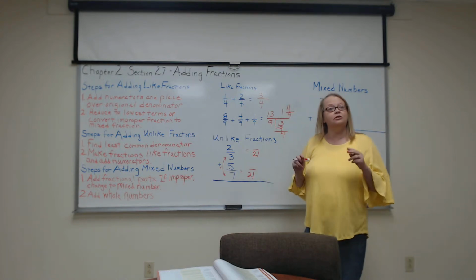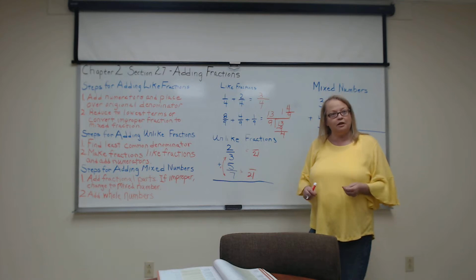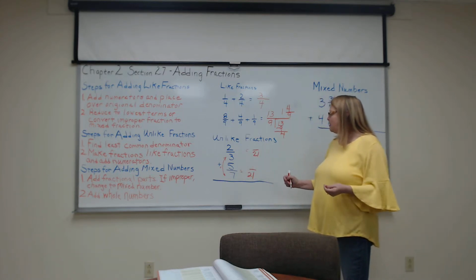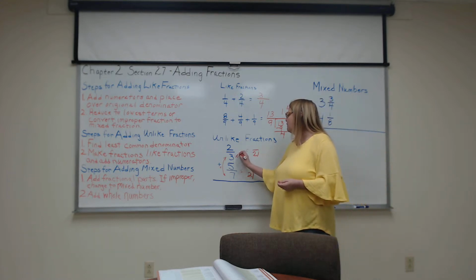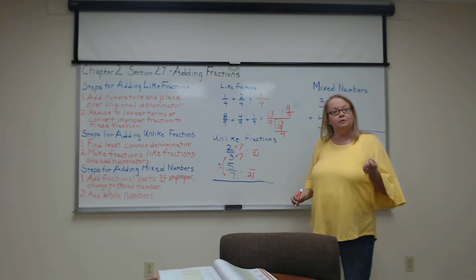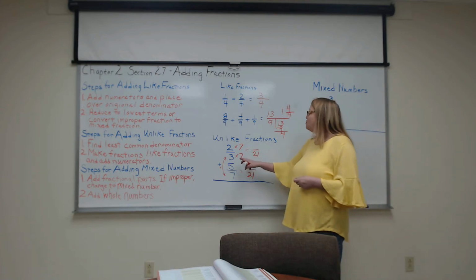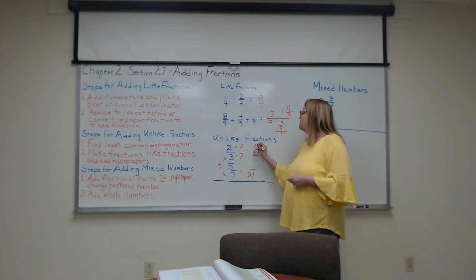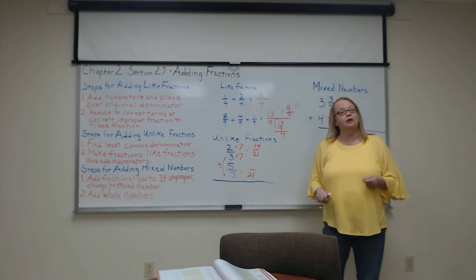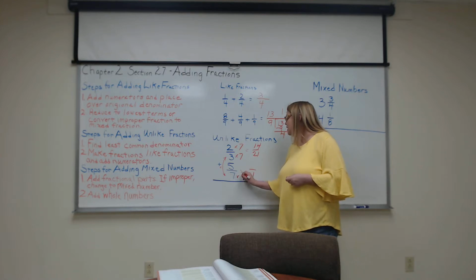Now, we're back to raising those fractions to higher terms, which we had reviewed as well. We say 3 times what number gives us 21? Well, we know it's 7. So whatever we do to the denominator, we have to make sure we do to the numerator. So we have 2 times 7 is 14. And then 7 times what number gives us 21? We know it's 3.